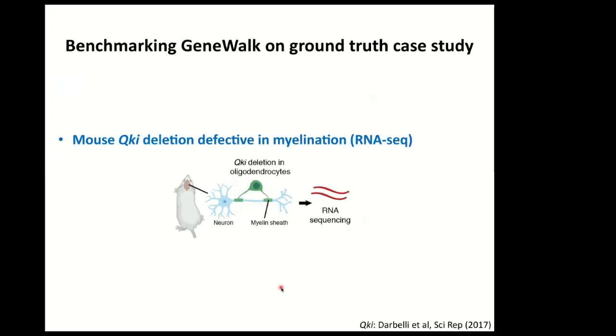similarity. So let's try to apply this to one benchmark case study. Here we look at a mouse quaking gene, QKI, and when this gene is deleted conditionally in oligodendrocytes, then the myelin sheath, which normally covers the neuron axons to increase the speed of signal transmission, is basically degraded.